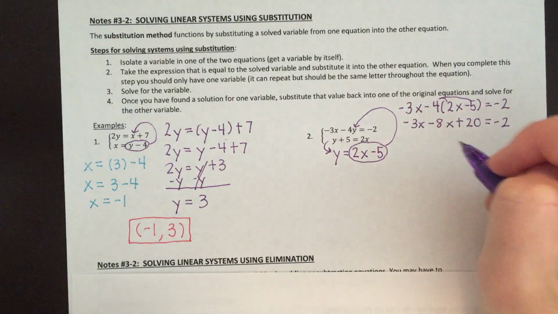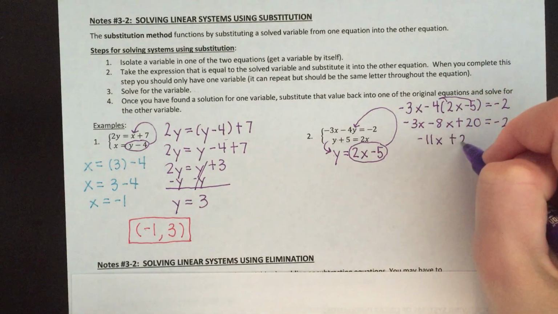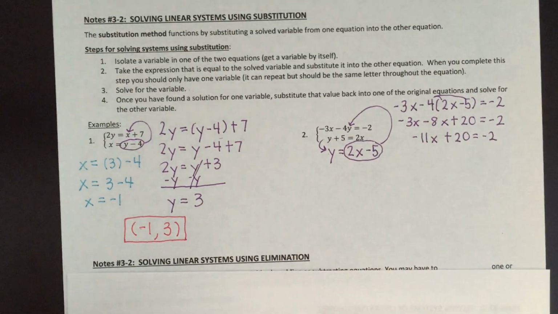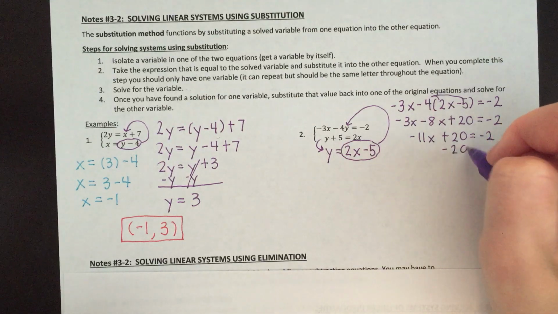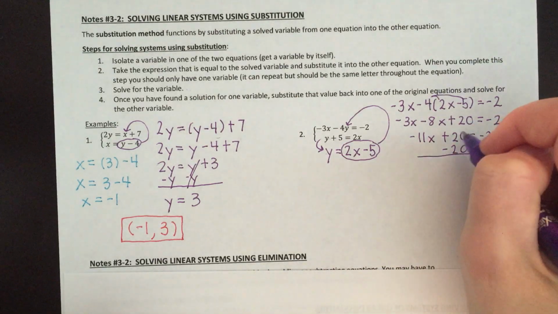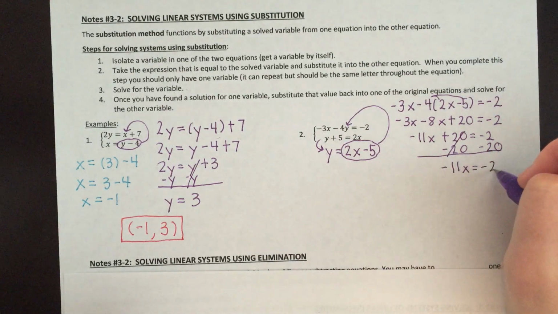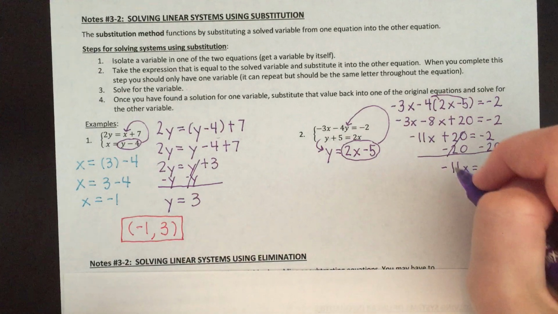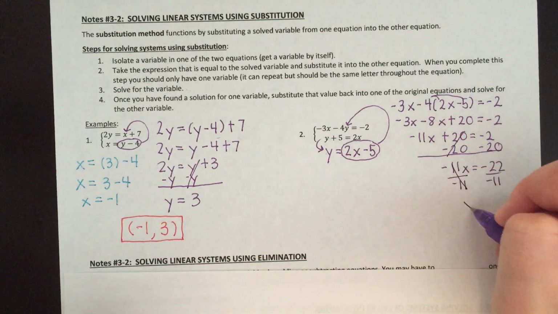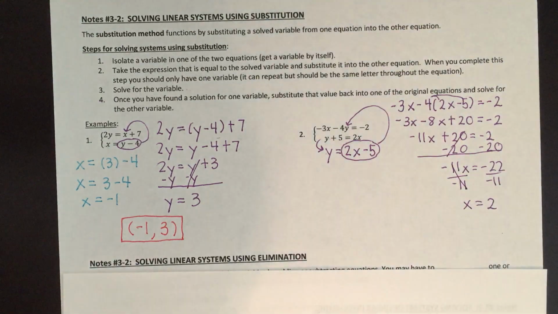So negative 8x minus 3x is going to give me negative 11x plus 20 equals negative 2. Now I can start getting that x by itself. Minus 20, minus 20. So that goes away. We've got negative 11x equals negative 22. So divide by negative 11, both sides. X equals, when I divide negative by negative, I get positive, so that would be positive 2.